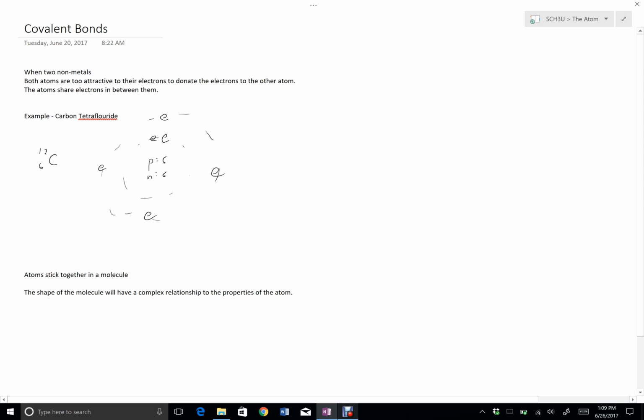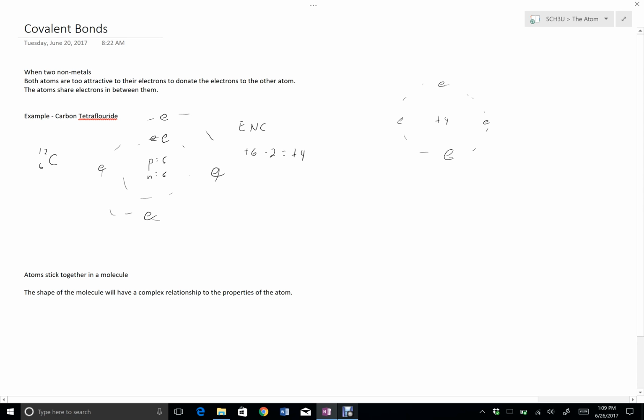Now, these 4 electrons on the outside are shielded by the 2 electrons on the inside, so to get my effective nuclear charge, I have plus 6 minus 2 inner electrons, leaving me with plus 4. And so from a bonding perspective, what this looks like is plus 4 in the middle with 4 electrons hanging around the outside.